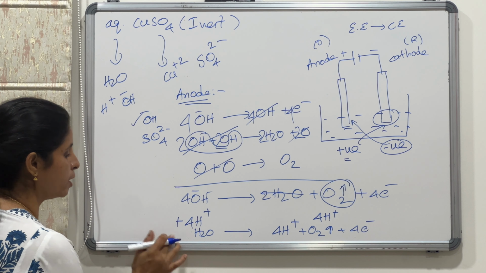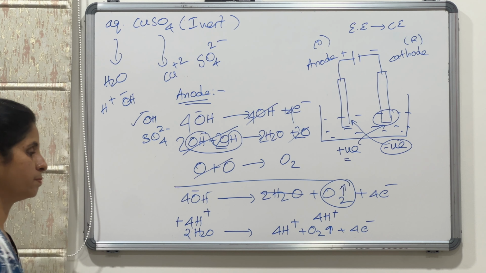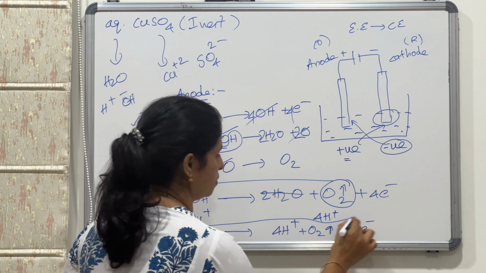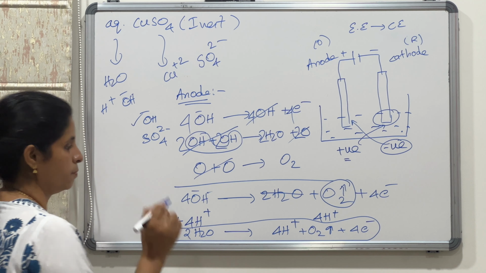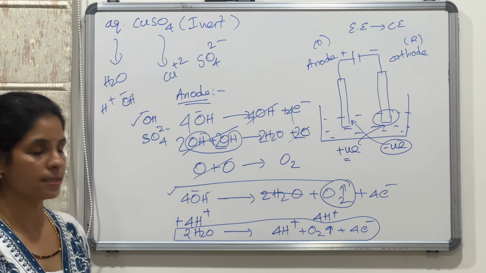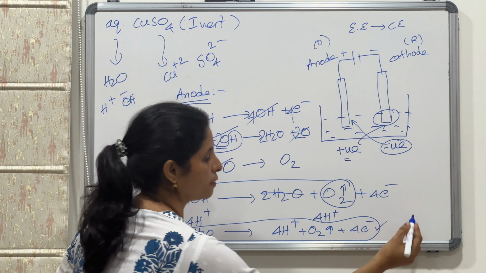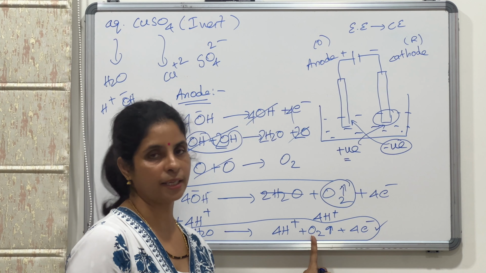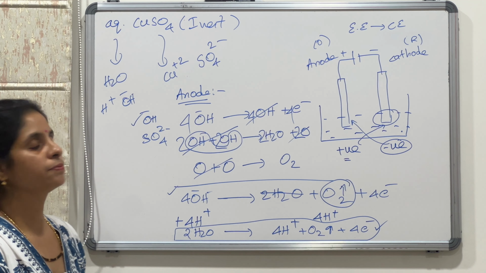So here it will be 2H2. In some textbooks they will give like this, and in some textbooks they will give like this. So anyways, oxygen gas is liberated at the anode.